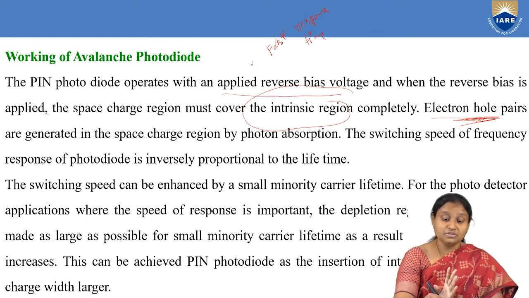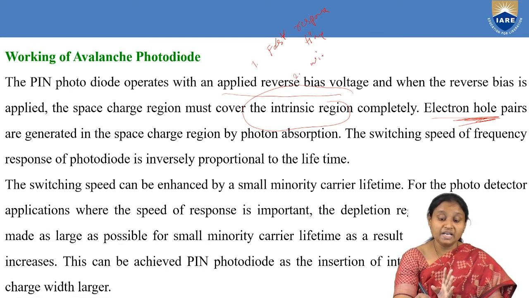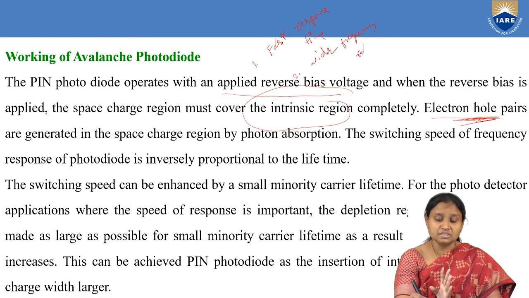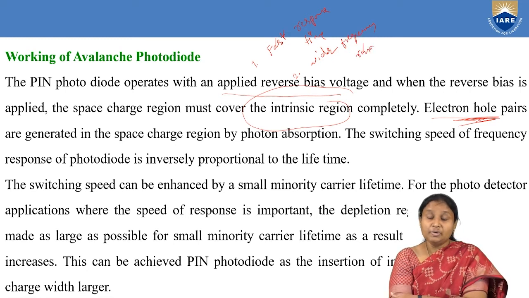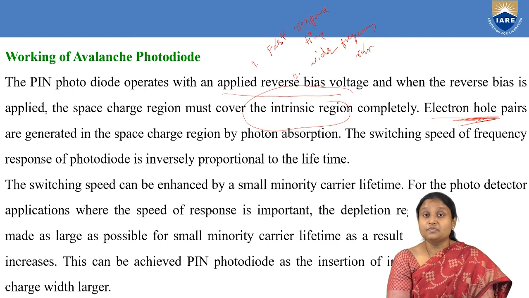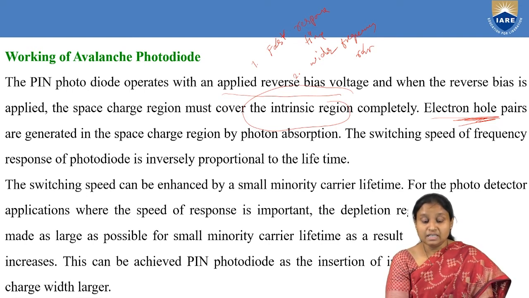The second feature of this PIN photodiode is wider spectral response or frequency response. It means that, depending upon the wavelength of light falling on the depletion layer, your output photocurrent is going to vary.